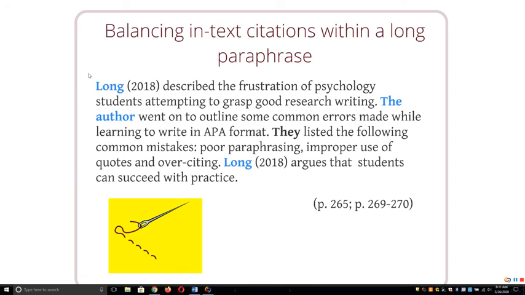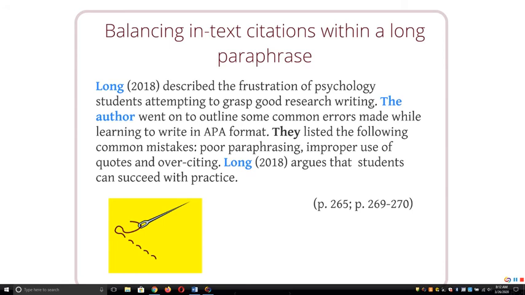Now, instead of trying to do a citation at every single sentence, since we're still talking about the same source, you can weave that thread throughout the paragraph. So you can see here, instead of putting another in-text citation at the next sentence, we weave that thread by saying, the author went on to outline.